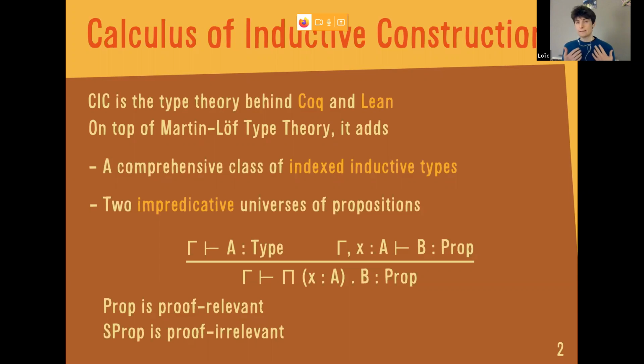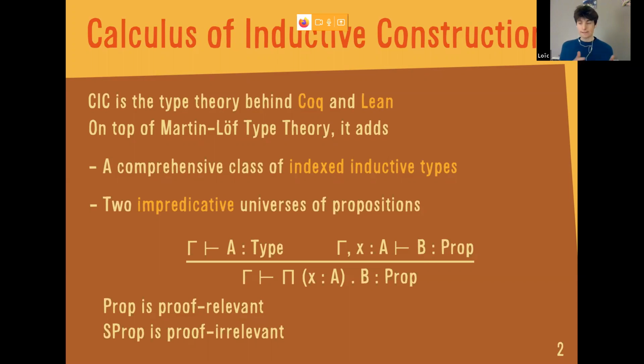Its strength comes from two features that it adds on top of intensional type theory. The first of these features is a comprehensive class of inductive types, which encompasses the usual W types, but also indexed types, such as the inductive equality or vectors, which are lists indexed by size.